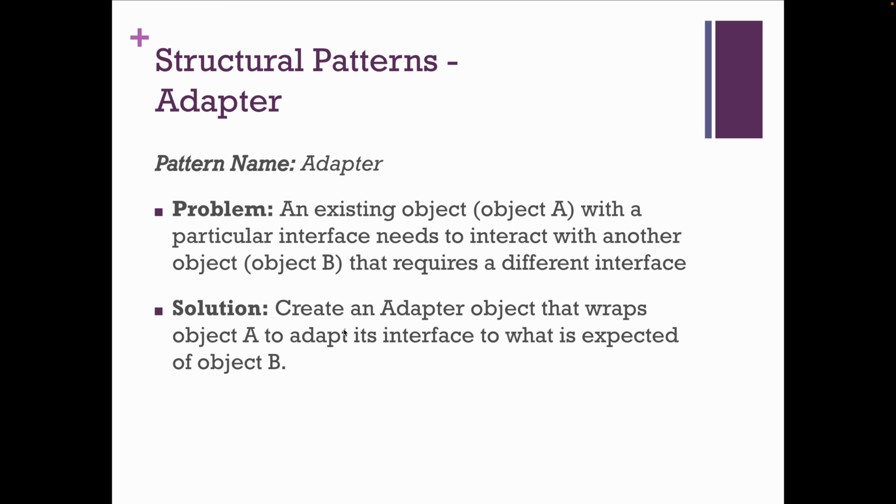So to show you code, it's more understandable if I show you some code. We have a client and it needs to talk to, let's see. Okay, so the client is expecting this interface with an operation method, and then I have another class that does the same kind of work as this interface. Unfortunately, though, it has a different name.